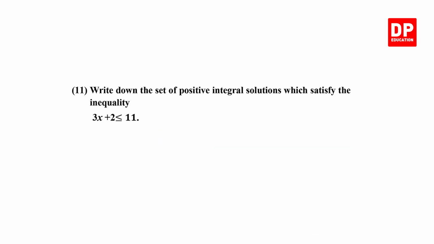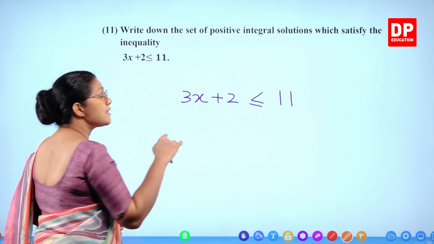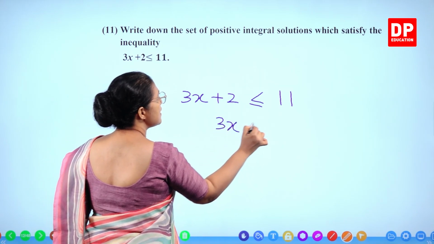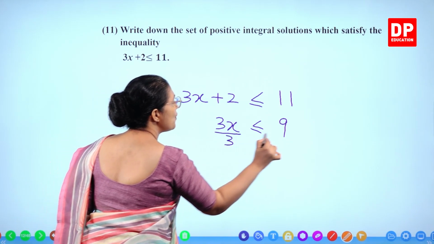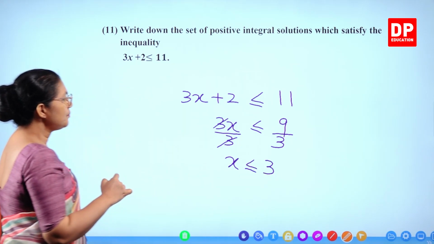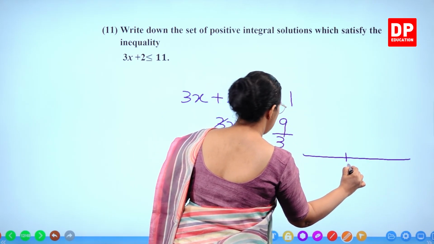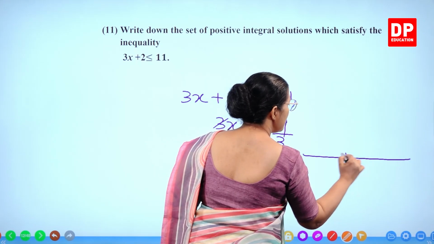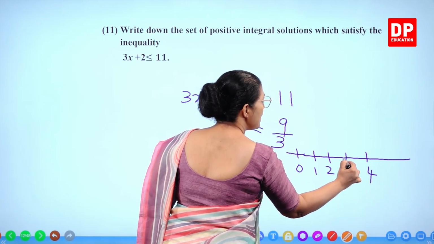Question number 11. Write down the set of positive integral solutions which satisfy the inequality. First you have to solve the inequality. 3x plus 2 is less than or equal to 11. Take 2 to the other side. 3x is less than or equal to 11 minus 2. That's 9. Divide both sides by 3. X is less than or equal to 3. What it means, if you draw the number line, 3 is included. 3, 2, 3 is included.